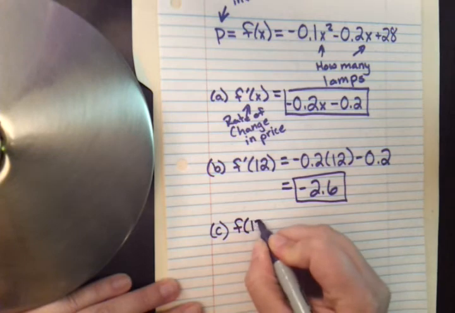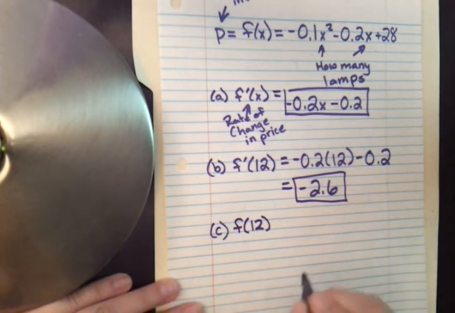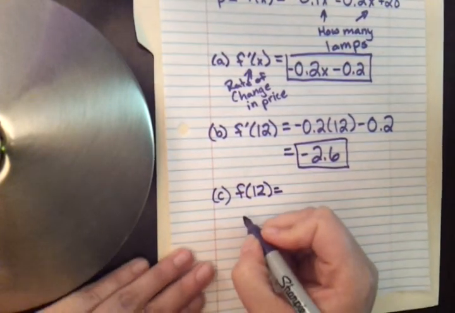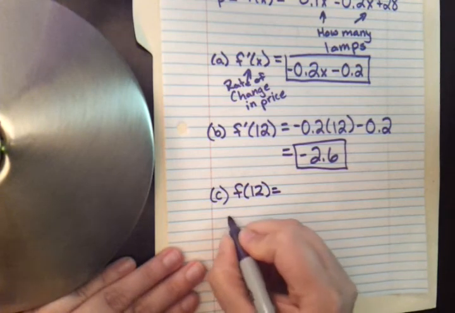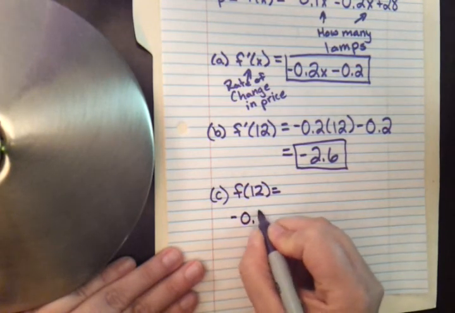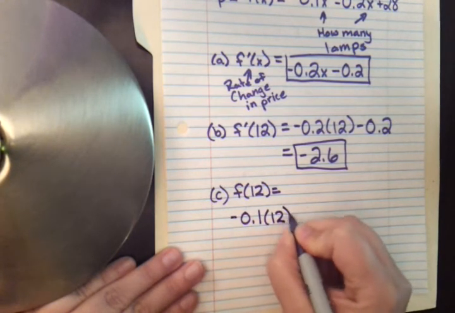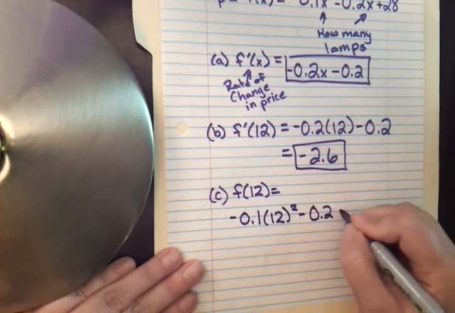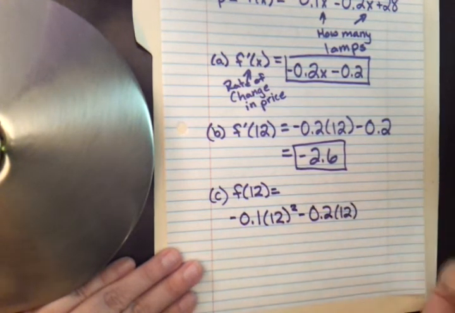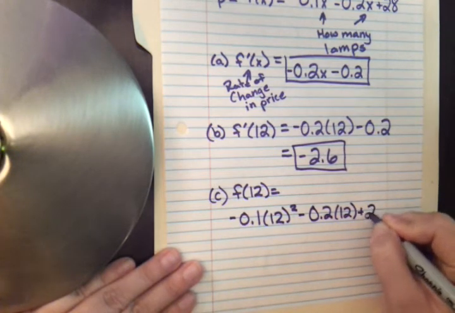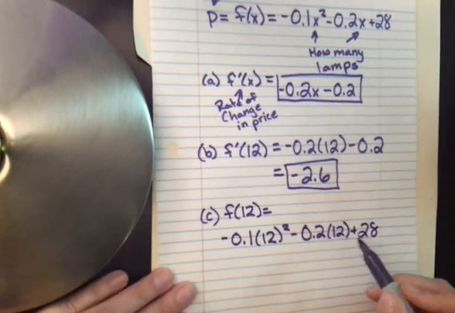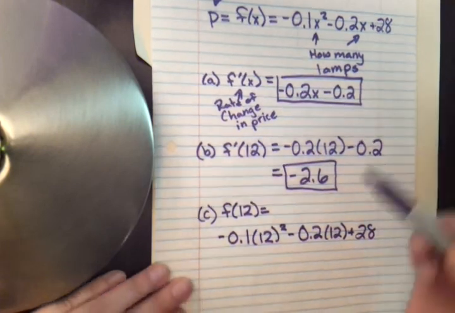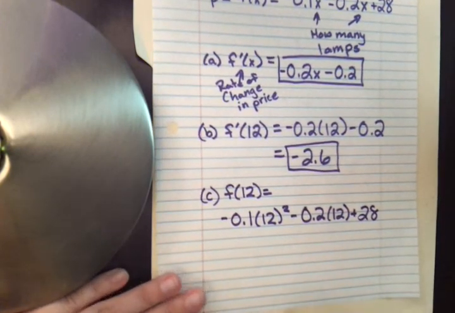This is going to be f of 12, and that's going to equal negative 0.1 times 12 squared minus 0.2 times 12, plus 28. All I did was take my original function and plug the 12 in everywhere I saw an x.